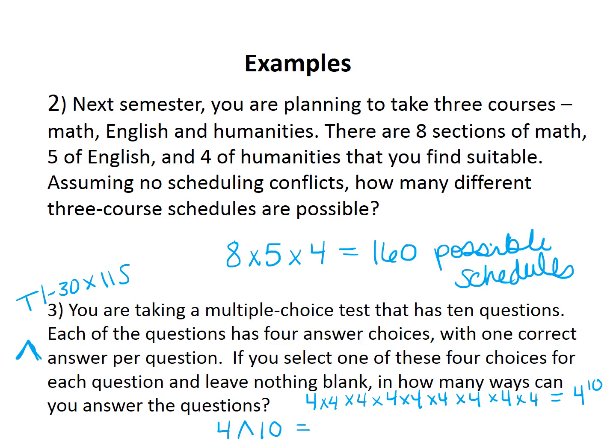So let's do that, and you would get 1,048,576 different ways that you could answer.